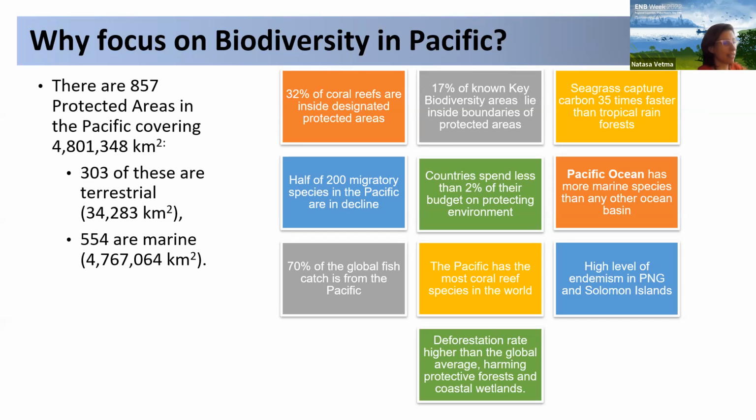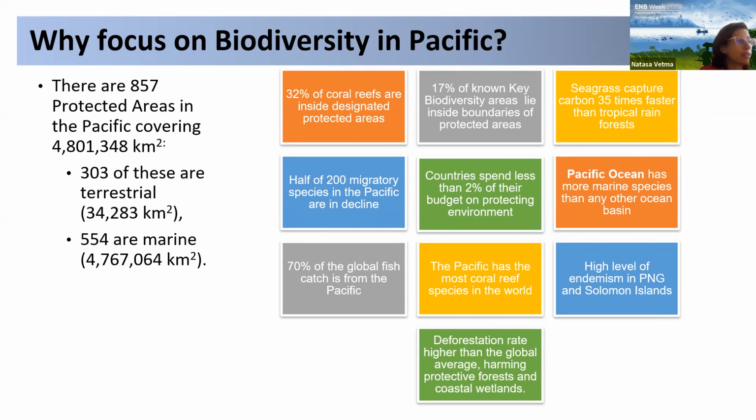and that Pacific biodiversity ensures strength and resilience against climate change and natural disaster. This is definitely a key. We have 32% of the coral reefs inside designated protected areas. Half of the 200 migratory species in the Pacific are currently in decline. 70% of known key biodiversity areas are also under protected areas.